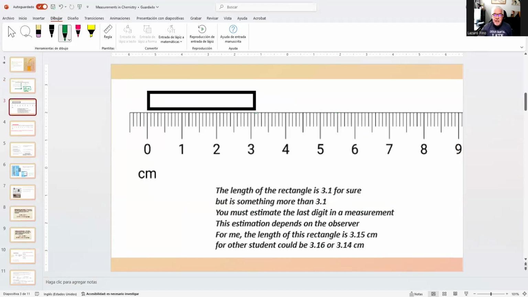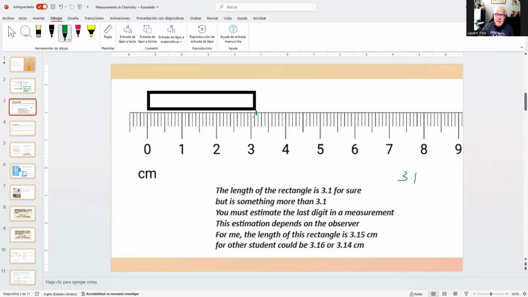But let's continue. Now I'm going to speak about another important thing. For example, this rectangle is for sure 3.1. This is certain. But what happened? There is a little more than 3.1. And then you have to estimate how much is the part that you're going to estimate.